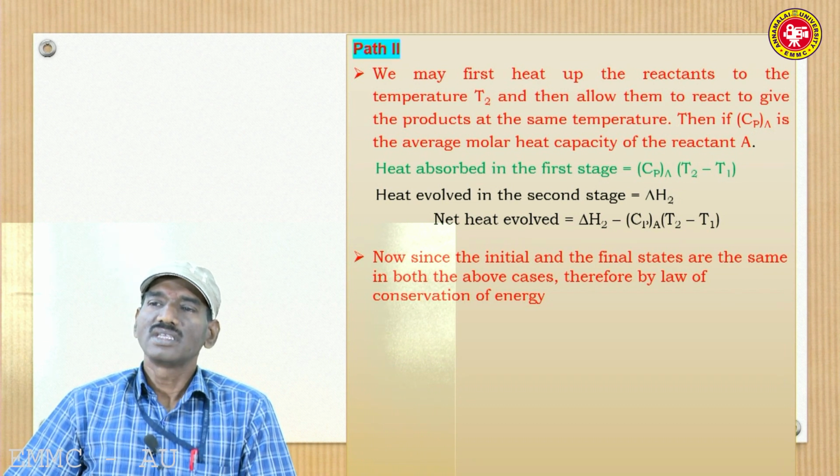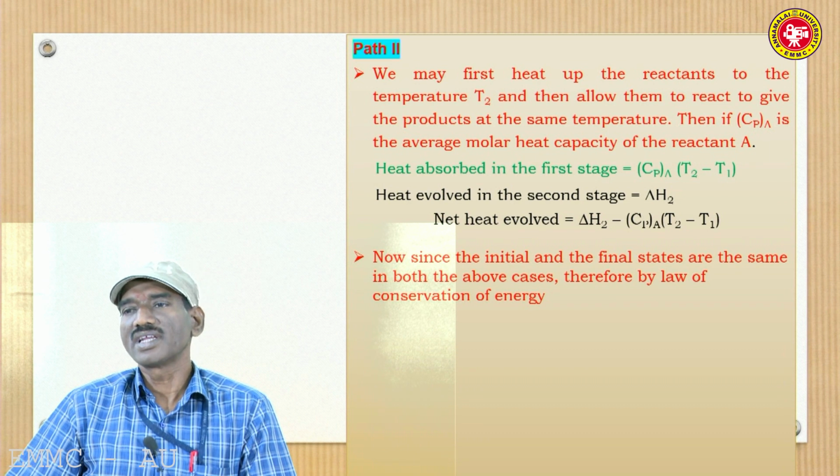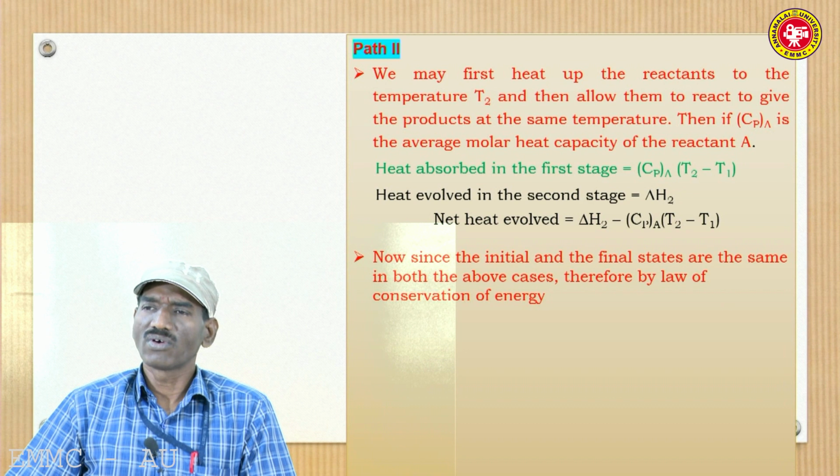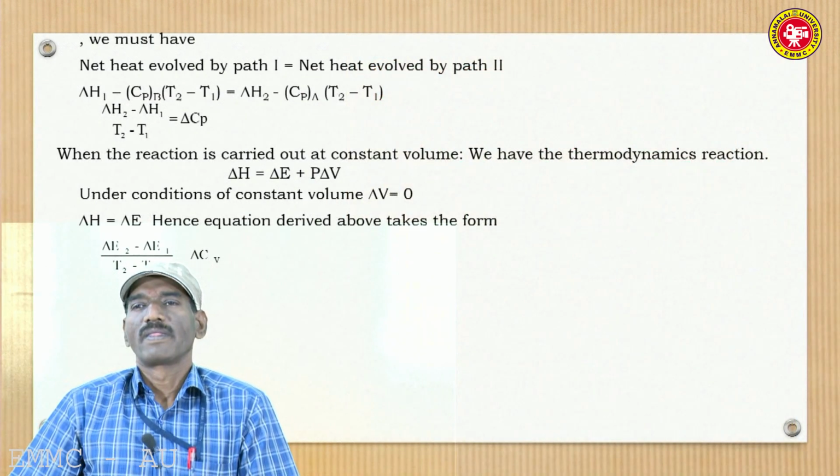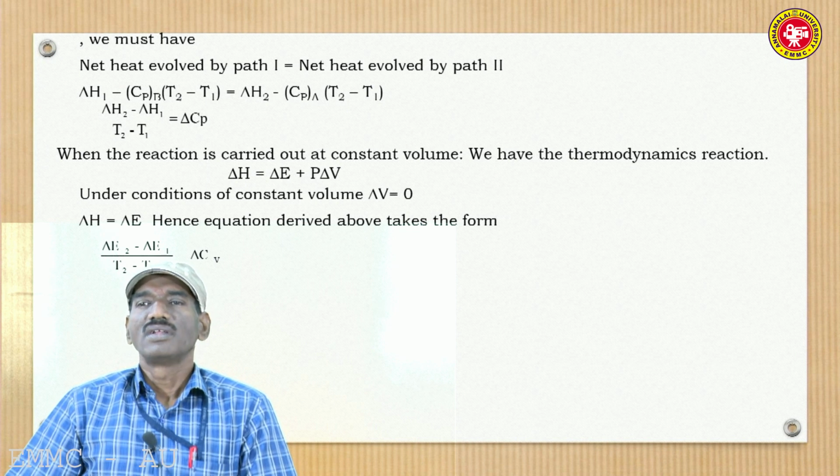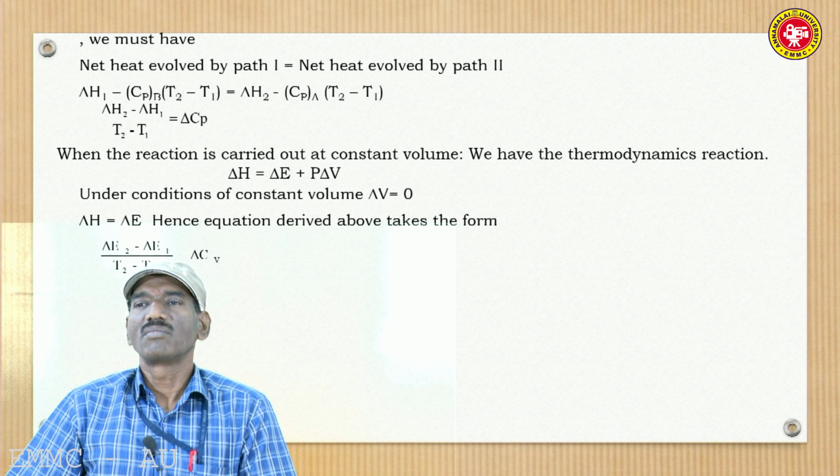Now, since the initial and final states are the same in both the above cases, by the law of conservation of energy we must have the net heat evolved by path 1 equal to the net heat evolved by path 2. So, delta H1 minus CpB (T2 minus T1) is equal to, in the case of the second path, delta H2 minus CpA (T2 minus T1).